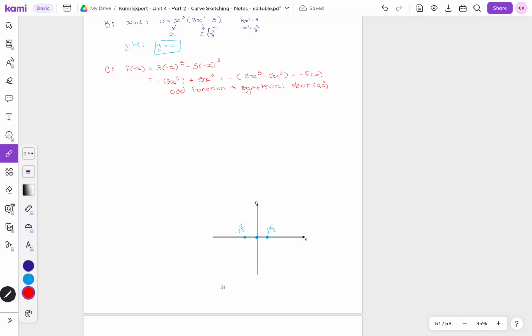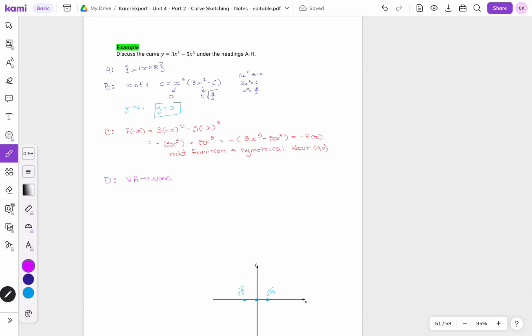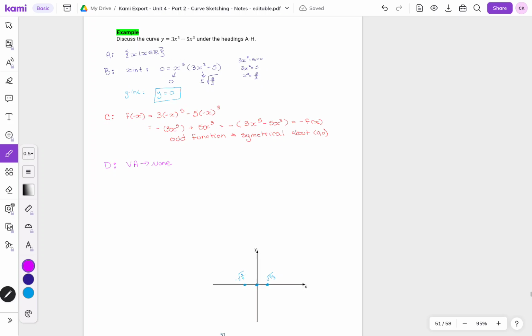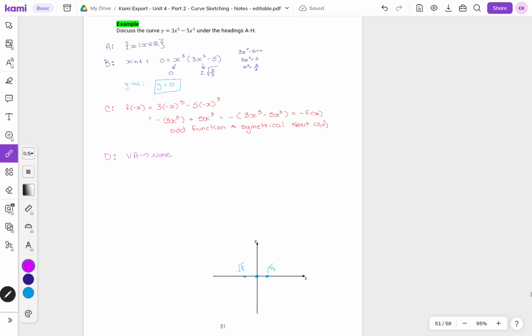All right, part D, our asymptotes. So remember, vertical asymptotes happen when we have rational functions. A polynomial, again, because our domain is all real numbers, I have no asymptotes. So vertical asymptotes, there are none. So we're going to look for horizontal asymptotes.